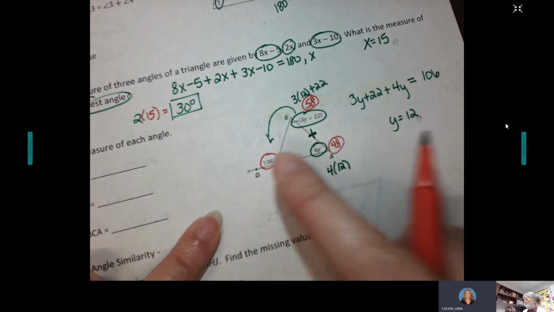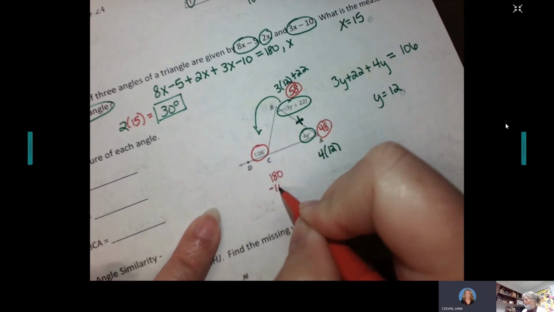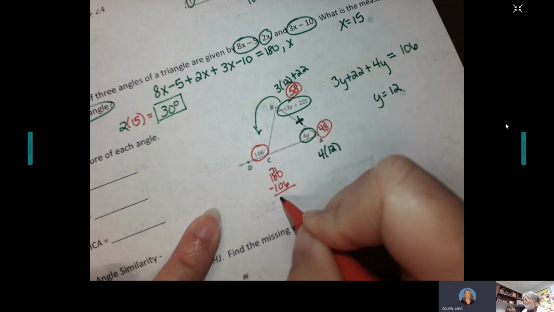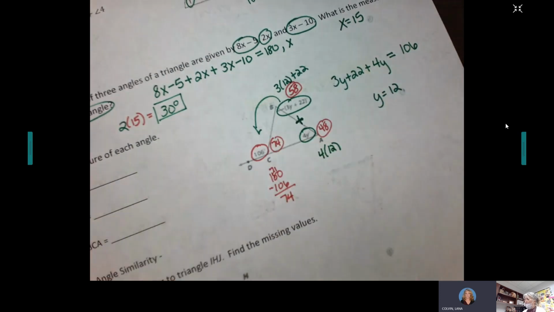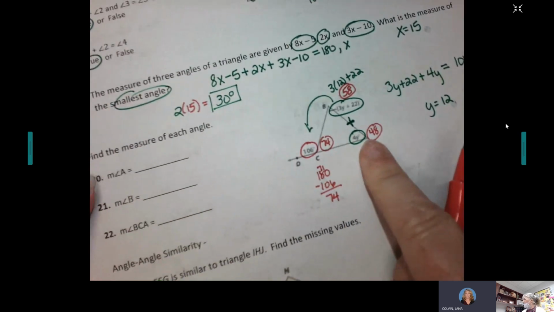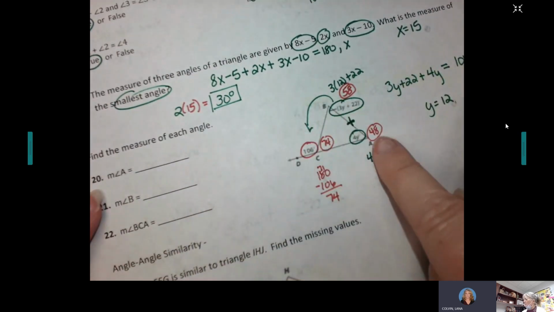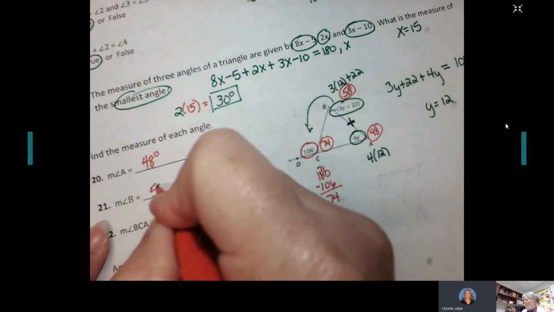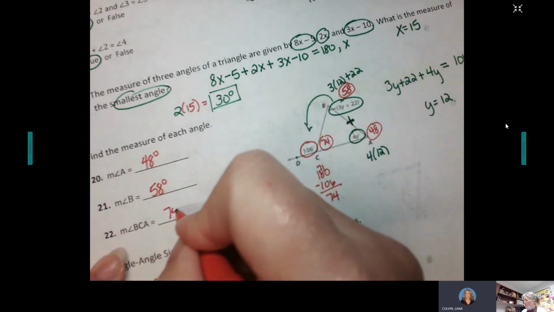And then you do 180 minus 106, and you get 74 degrees. So what's the measure of angle A? 48. 58. And then BCA is 74.